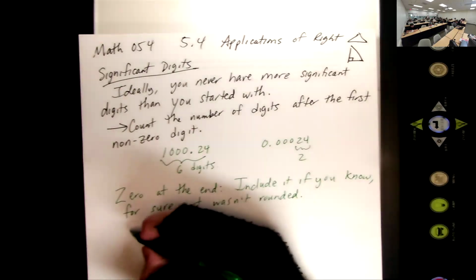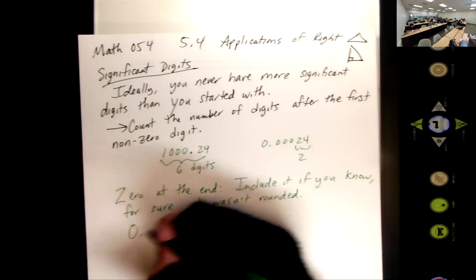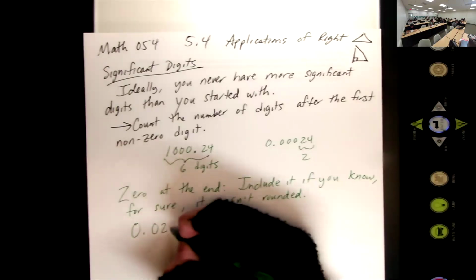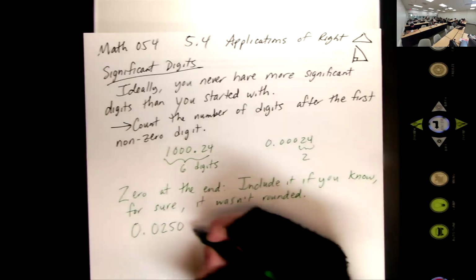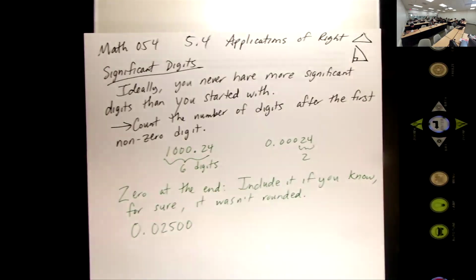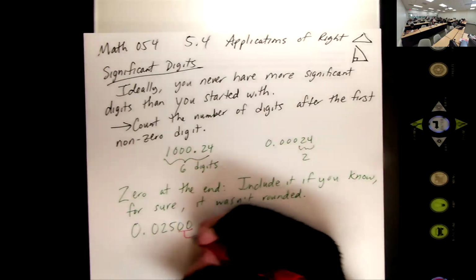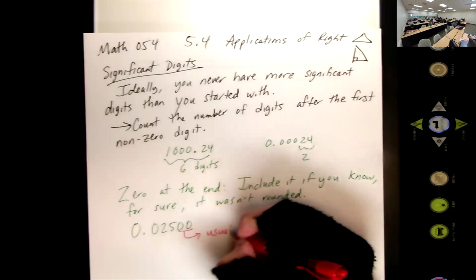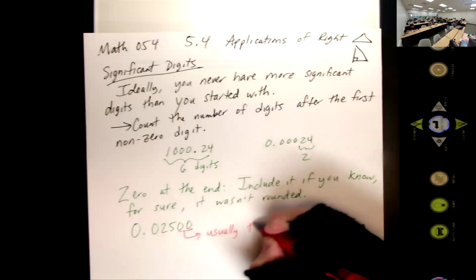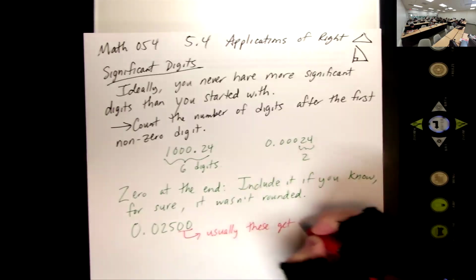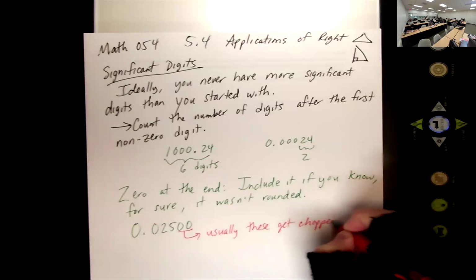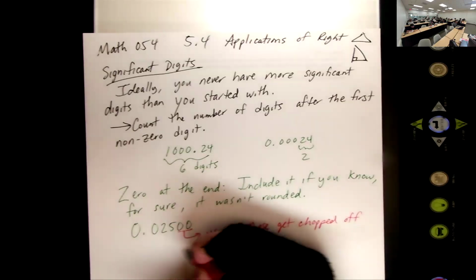Like a decimal one is one of the trickiest ones. Usually on a decimal, usually these get chopped off when rounding.